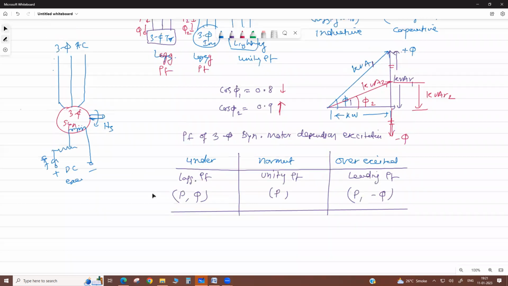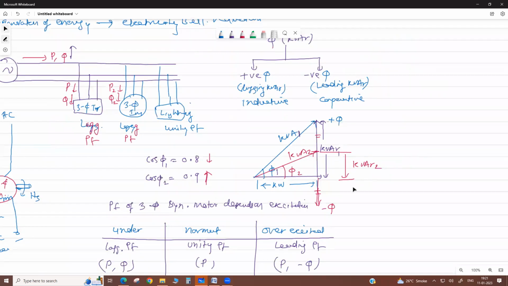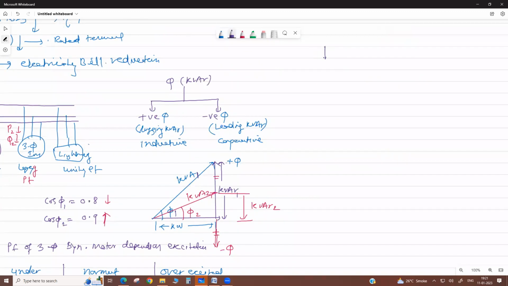If we operate this synchronous motor in parallel with other loads, on the same bus bar, like this is your distribution transformer and this is your common bus where a number of loads are connected, then on the same bus bar we operate this motor as a synchronous condenser. We use it to improve the power factor.